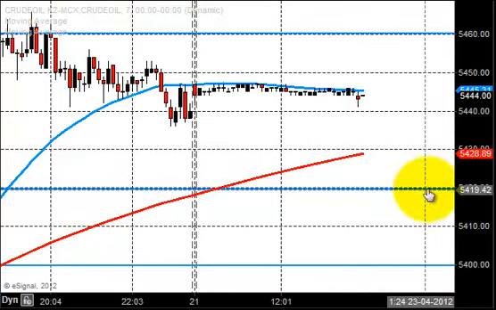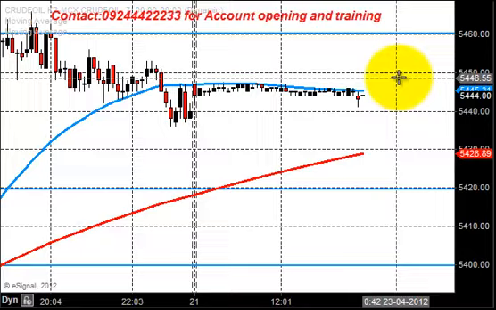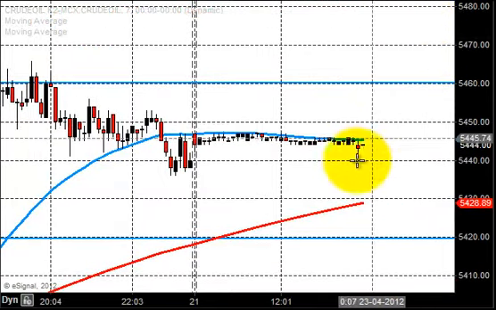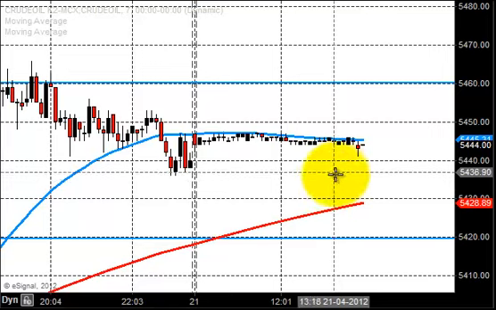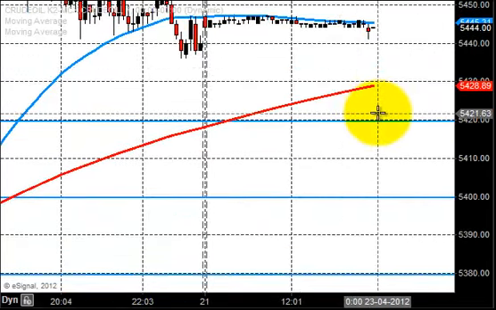That is the reason we need a clear stay above 5420, and a clear breakout and closing above 5460 can put us into 100% sure trading for buying. Till then we are in the danger zone.